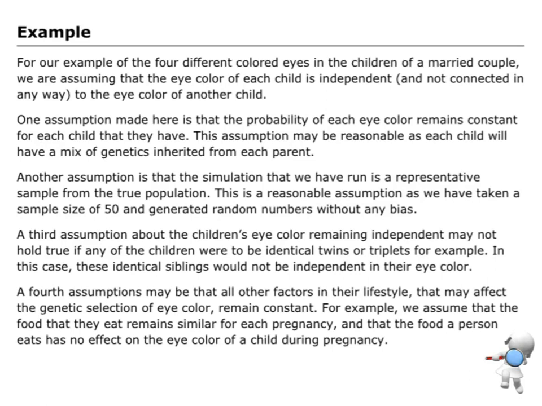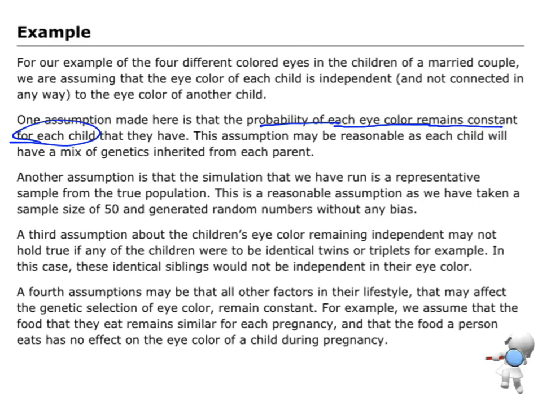One assumption is what I just talked about, that the probability of each eye colour is constant for every child. Then I need to have a little comment on it. Is this a reasonable assumption to make? What do I think of it? Not just here's the assumption, but let's comment on it and discuss it.